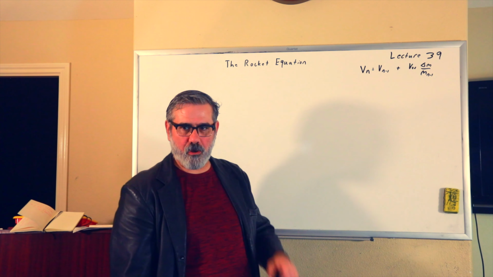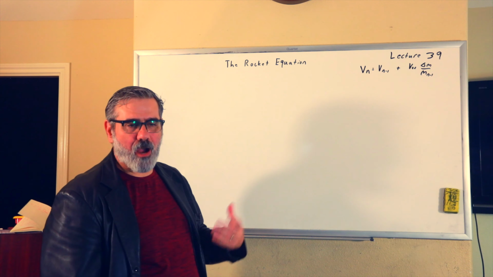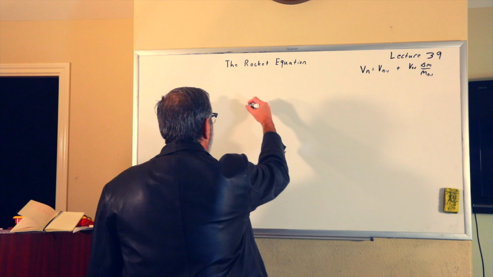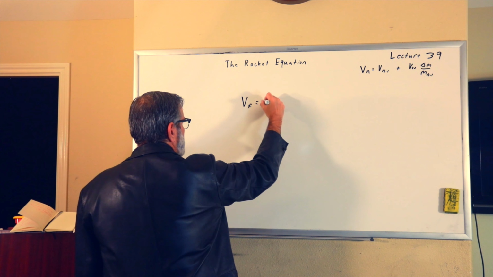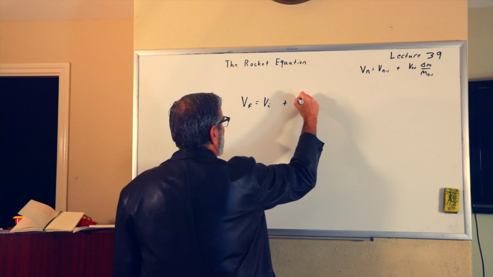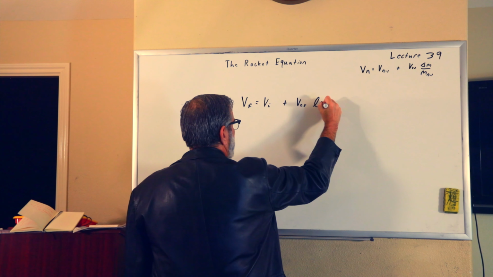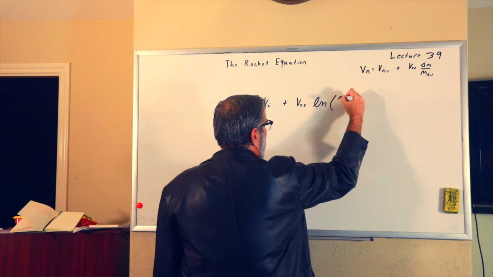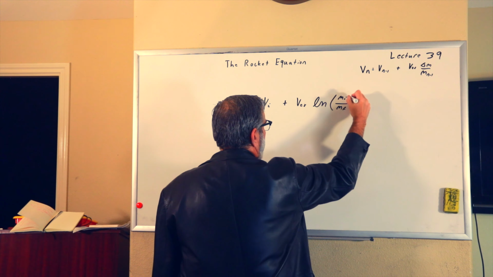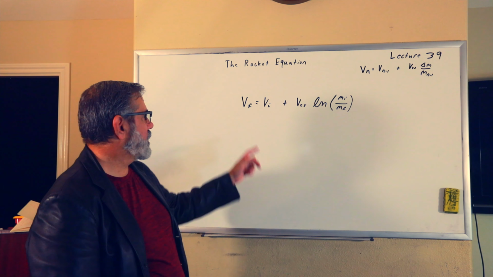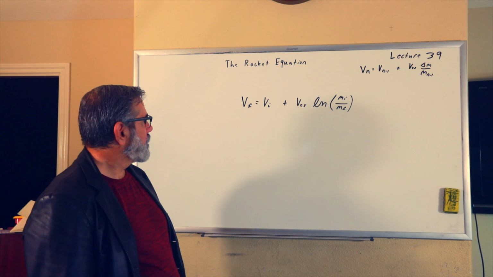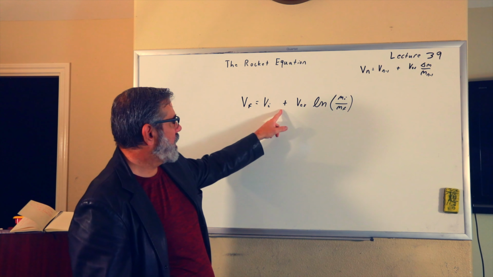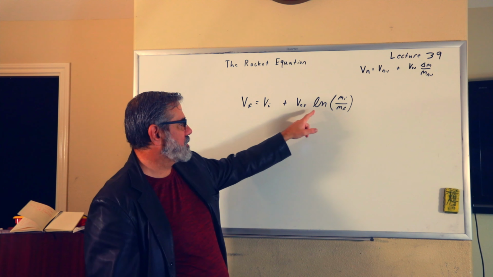Instead, we would have set up what's called a differential equation, and we would have found that the rocket equation says the final velocity is equal to the initial velocity plus the exhaust velocity times the natural logarithm of the ratio of the initial mass to the final mass. This calculates the final velocity of the rocket at burnout.